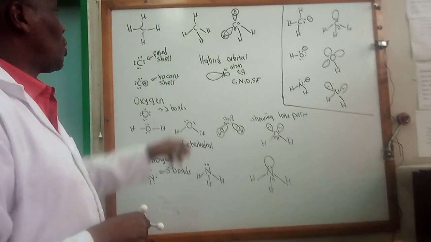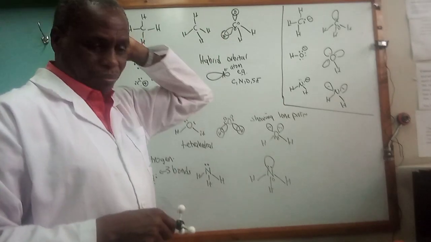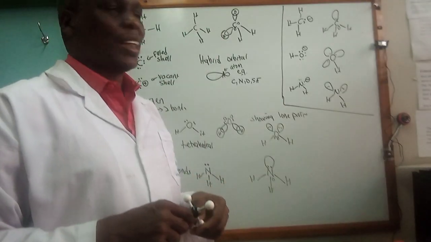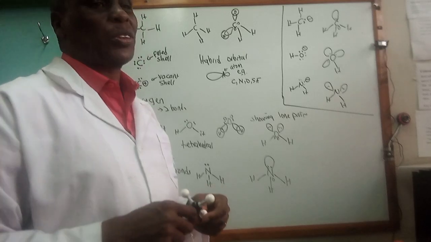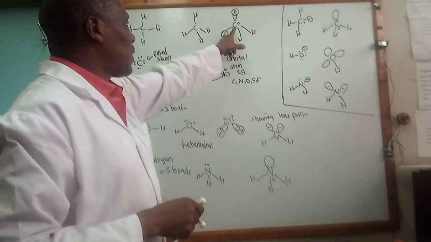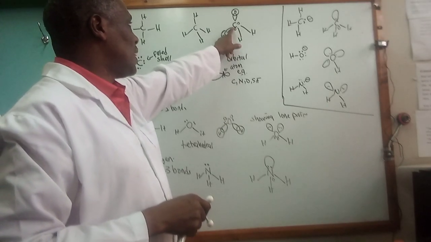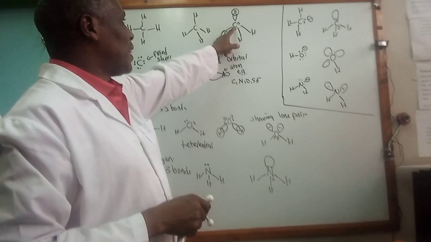The orbitals which carbon uses for bonding are the sp3 orbitals, which are shown as these dumbbells here.